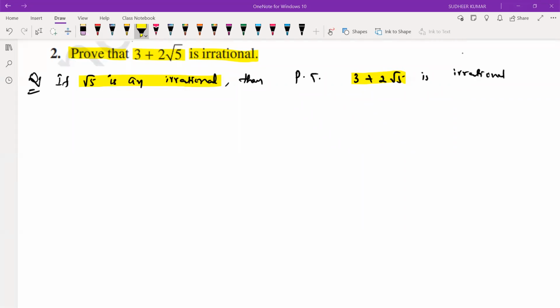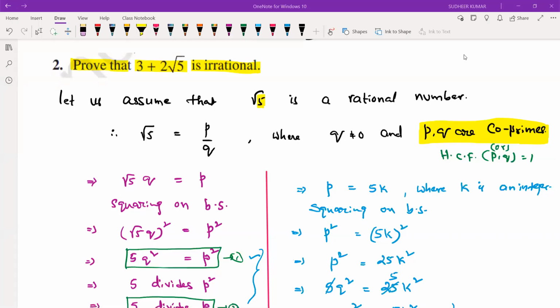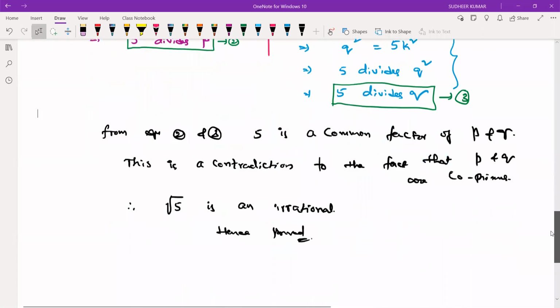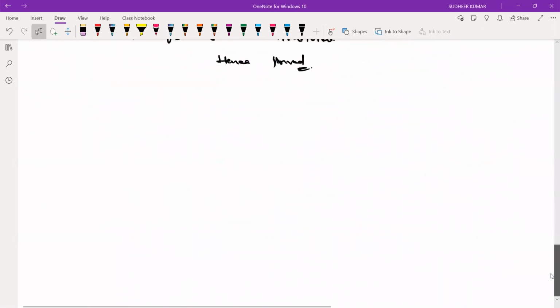Now first let us prove that root 5 is an irrational number. Now in this case, we have proved that root 5 is an irrational number, as we discussed in the first question.